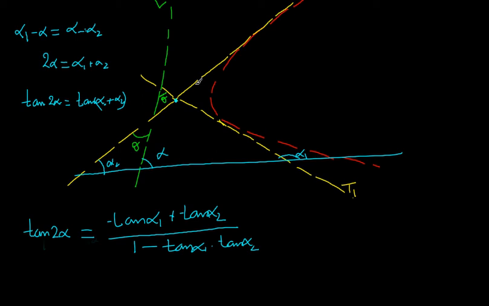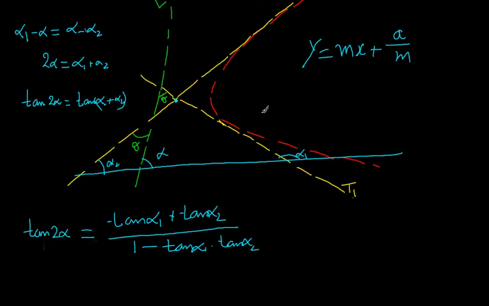Now this yellow line means T1 and T2 are tangents, right? You know the equation of a tangent to a parabola: y is equal to mx plus a by m. For tangent 1 it will be m1, for tangent 2 it will be m2.